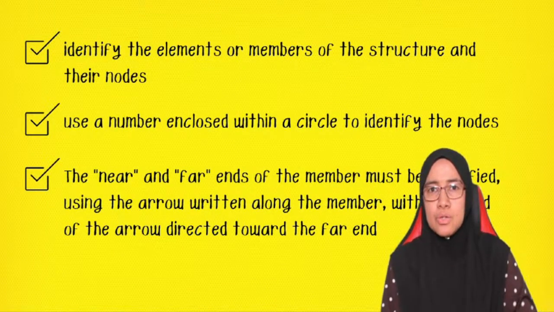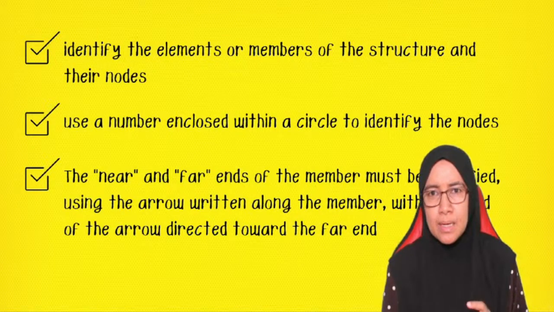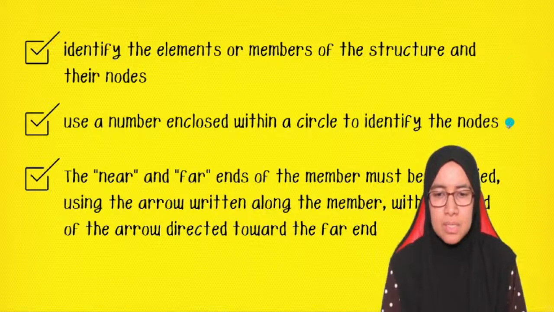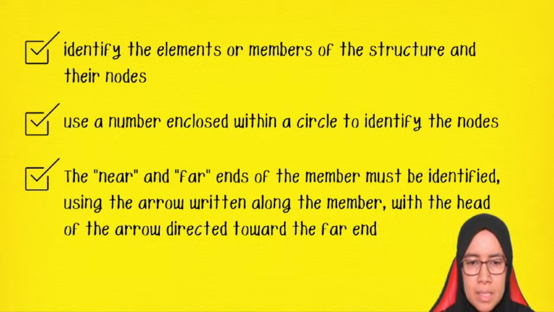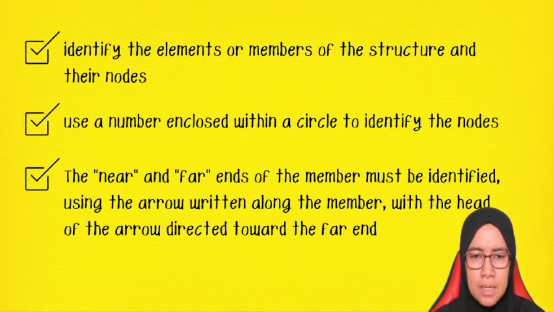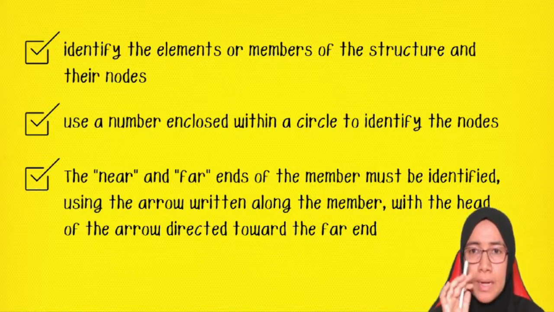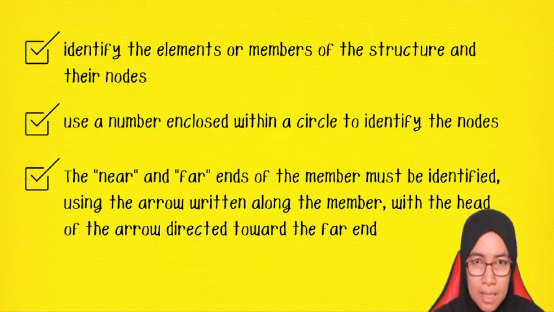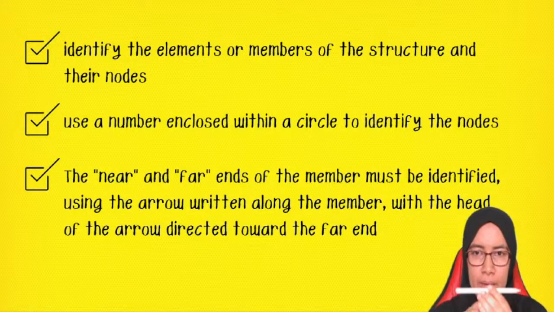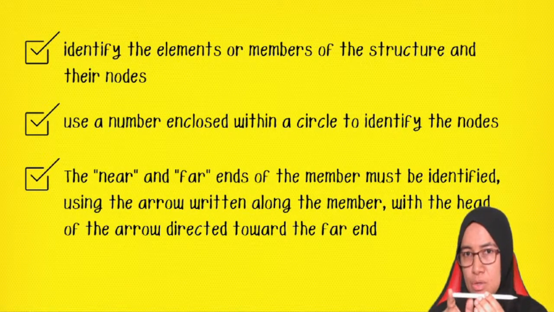Use a number enclosed within a circle to identify the node. As I mentioned just now, we have to write the node number in a circle. The end point is node.